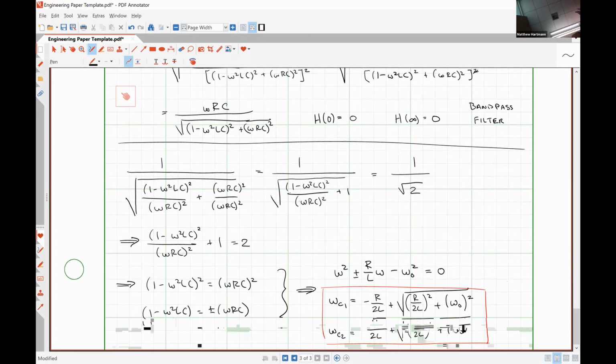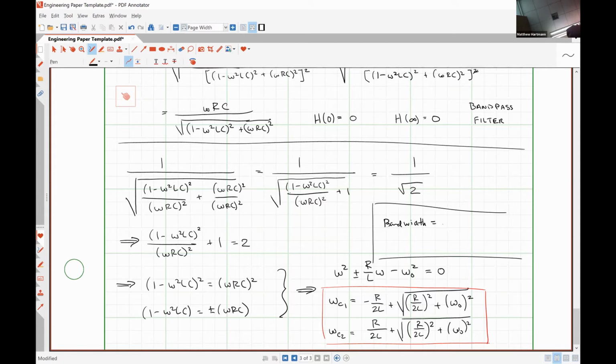Since I've mentioned the quantity of bandwidth, let's talk about what a bandwidth is for a filter, and I'll sneak that in right here. For our bandpass filter, our bandwidth is defined as omega C2 minus omega C1, because that's the band over which things will pass.